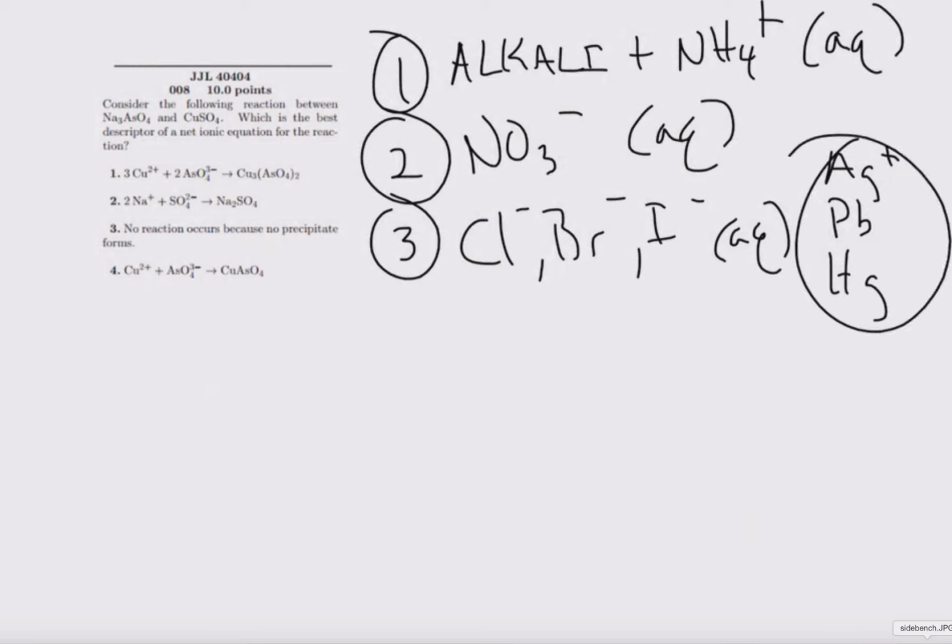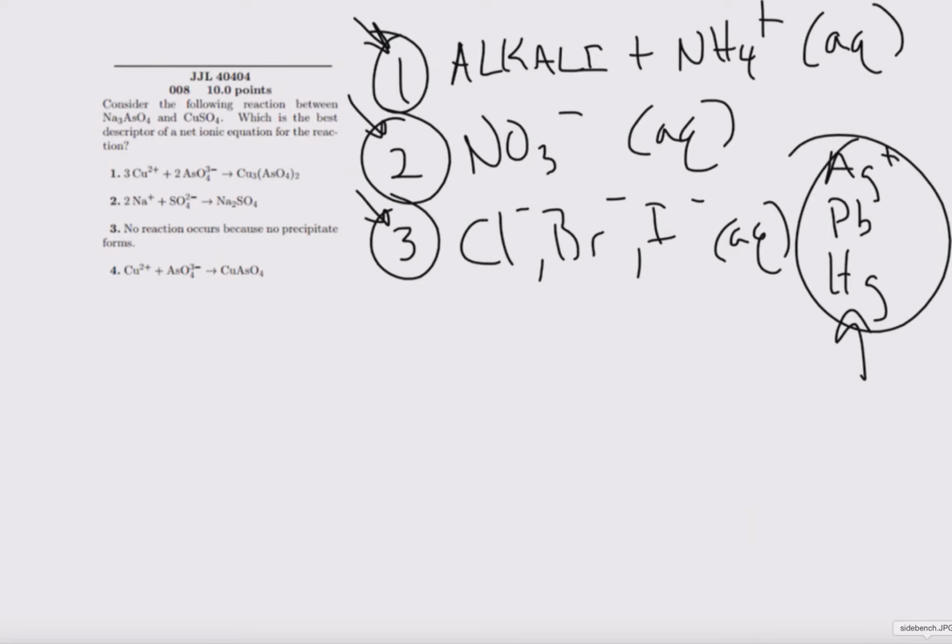Okay, then they're not soluble. So alkali metals or ammonium, always aqueous. Nitrate, always aqueous. Chlorine, bromine, iodine, always aqueous unless they're with silver, lead, or mercury. Those are the ones that are always soluble. Everything else is not soluble.